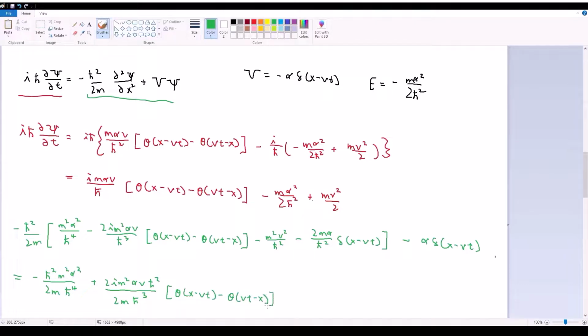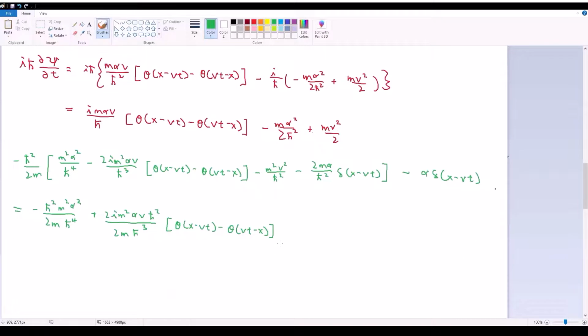I don't know why I even introduced the signum function if I'm not going to use it, but here we are. Plus ħ² m²v² over 2m ħ², plus 2mα ħ² over 2m ħ² Dirac delta(x − vt) minus α Dirac delta(x − vt).